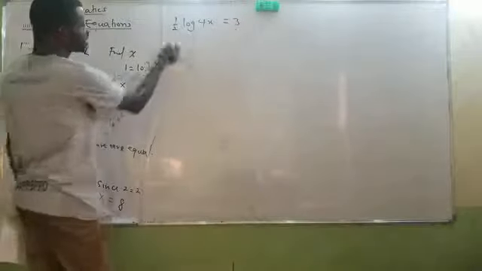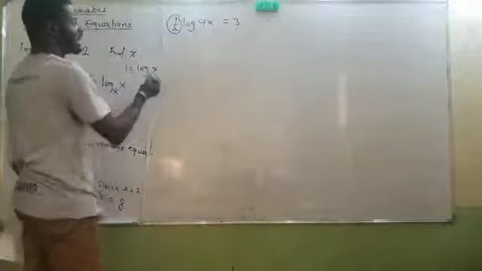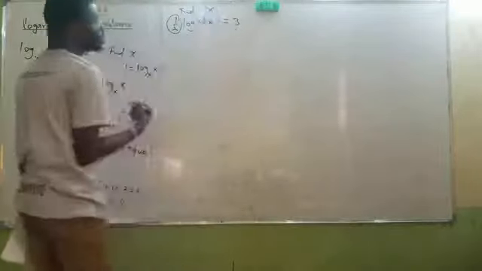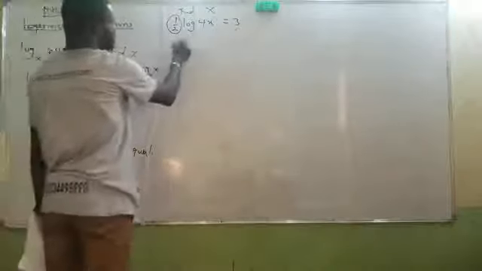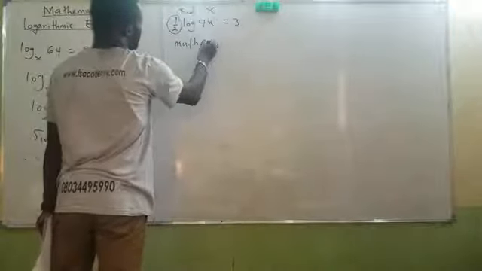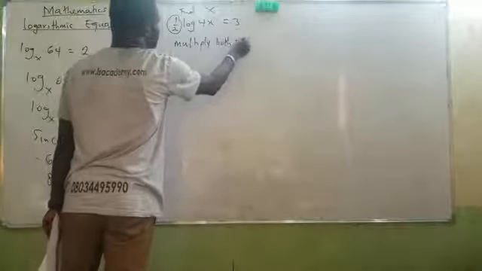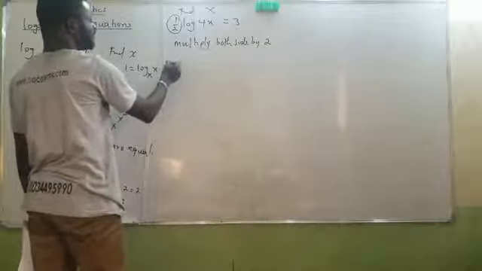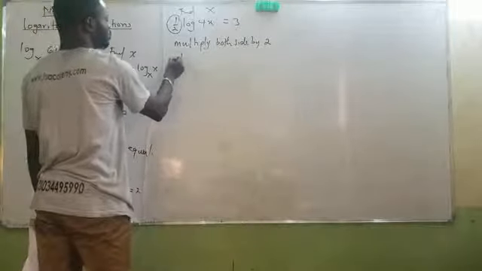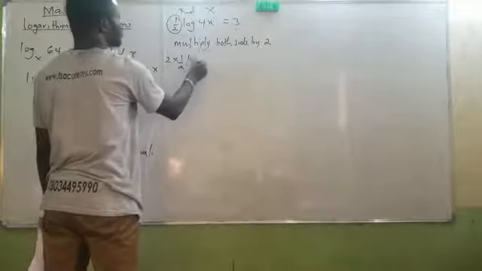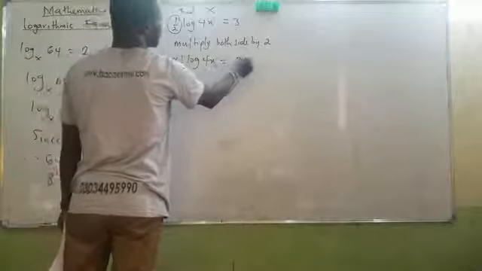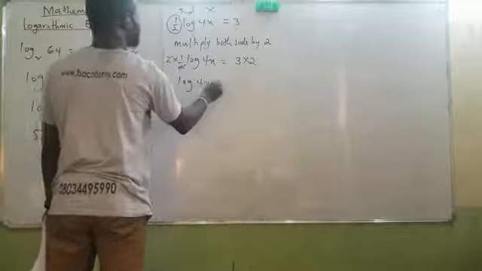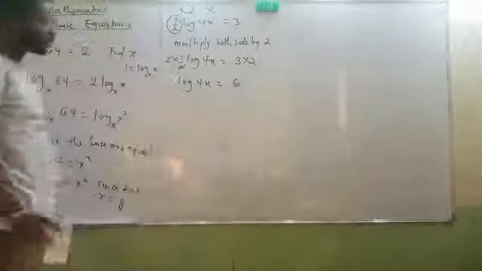What you need to do is multiply both sides by 2. So 1 over 2 multiplied by 2 log 4x equals 3 multiplied by 2. This cancels that, so log 4x equals 6.